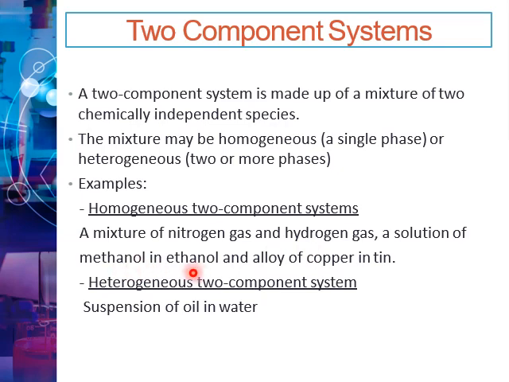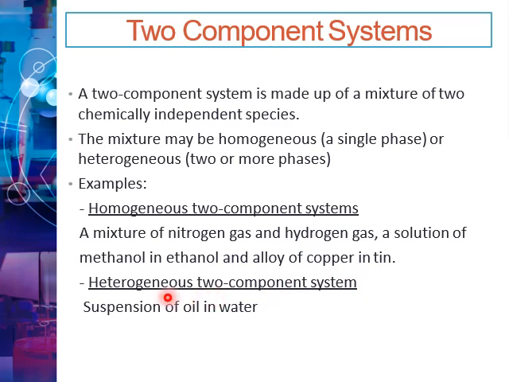Methanol and ethanol are two different components, both alcohols, and they can be homogenized. And the alloy of copper and tin: two different components, but they can be homogeneous.